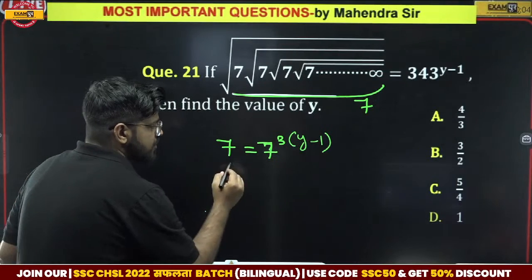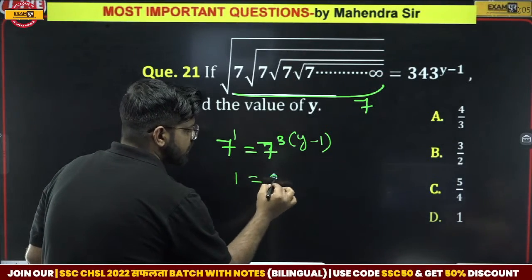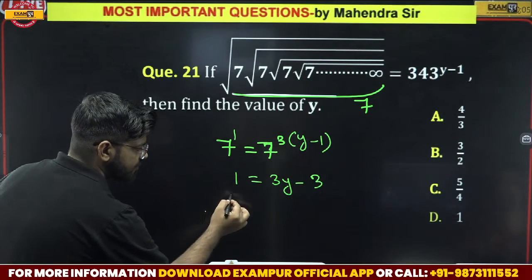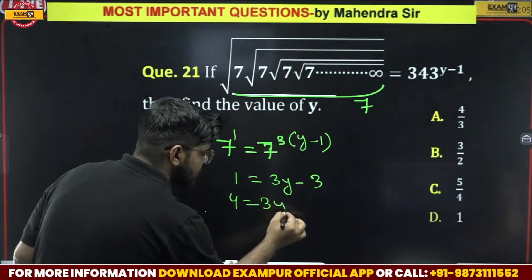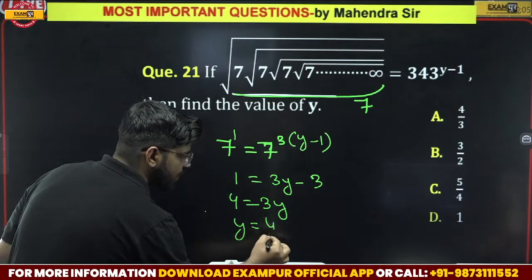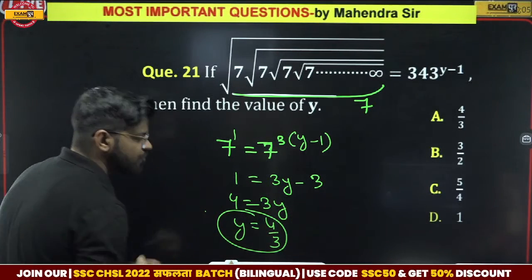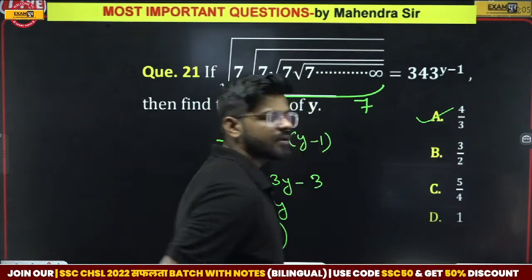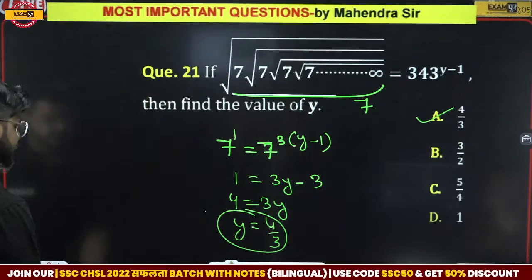Now it is okay. So 1 is equal to what? 3y minus 1 minus 3, and here we will get 4 is equal to 3y, and y will be equal to 4 by 3. Yes or no? 4 by 3, absolutely correct. Option number A, absolutely correct.